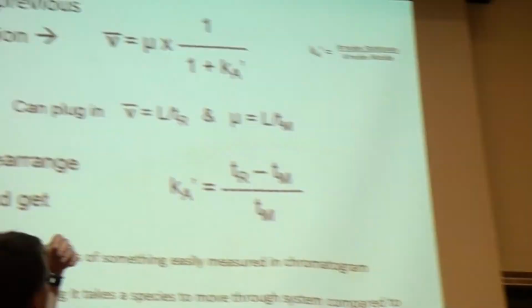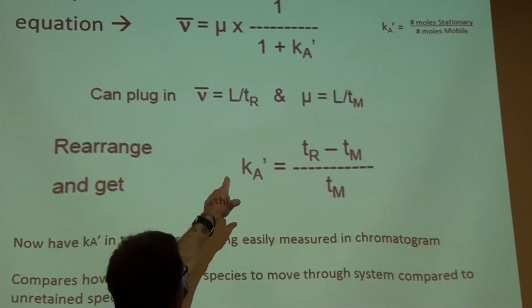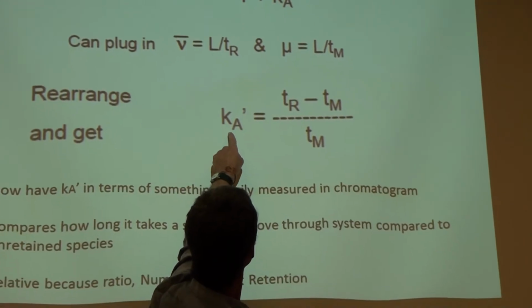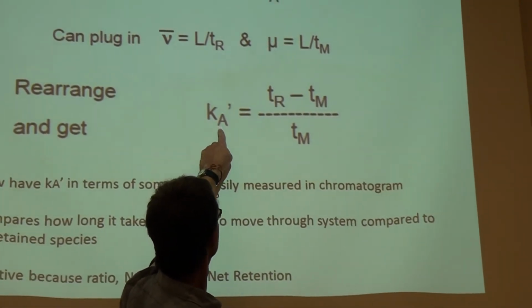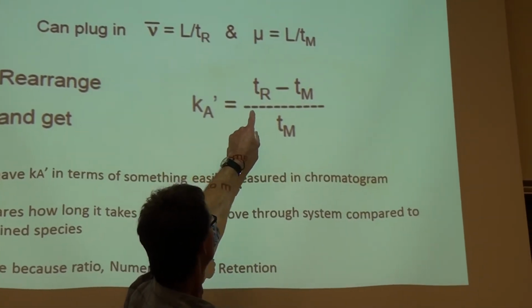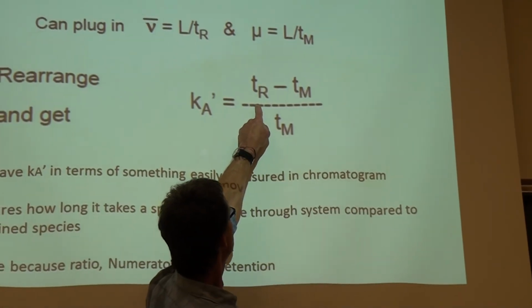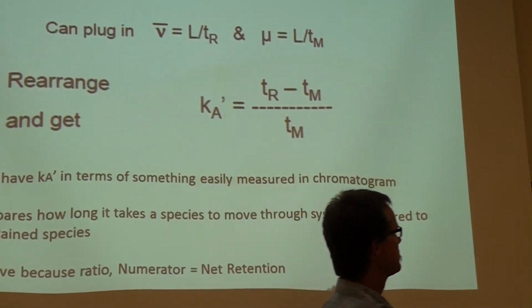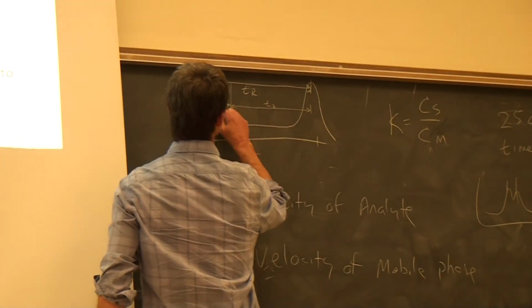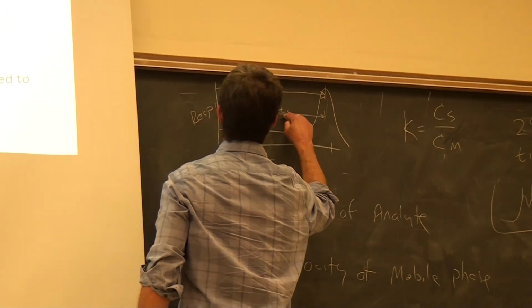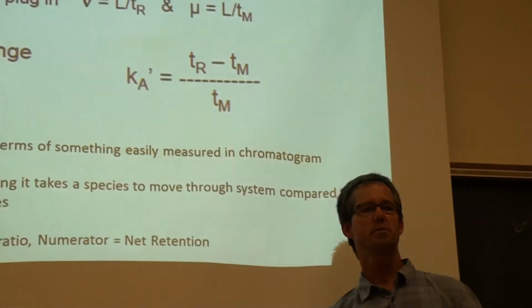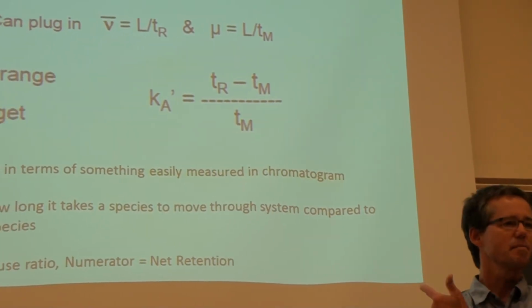Right? If I know that, then I can substitute those terms and rearrange, and then I can calculate my retention factor, which is essentially a function of TR minus TM, which gives you TS in this example, divided by the mobile phase retention time. And that is something that I can measure.